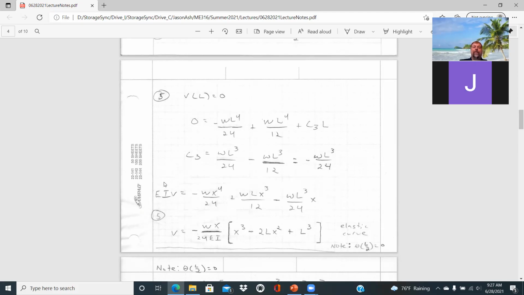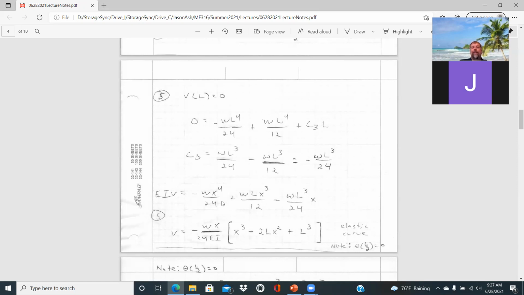And then we have to be careful. We have this Young's modulus and area moment of inertia dangling out here on the left-hand side. So generally you move that around to the right-hand side and just express your elastic curve as v, the displacement in the y direction, as a function of x. That's going to be equal to minus wx.